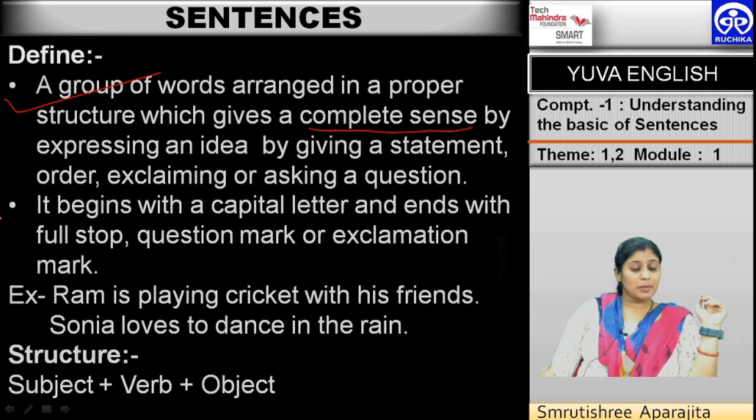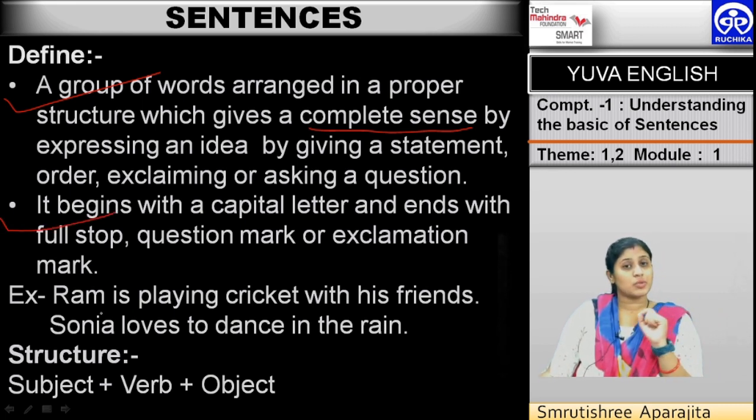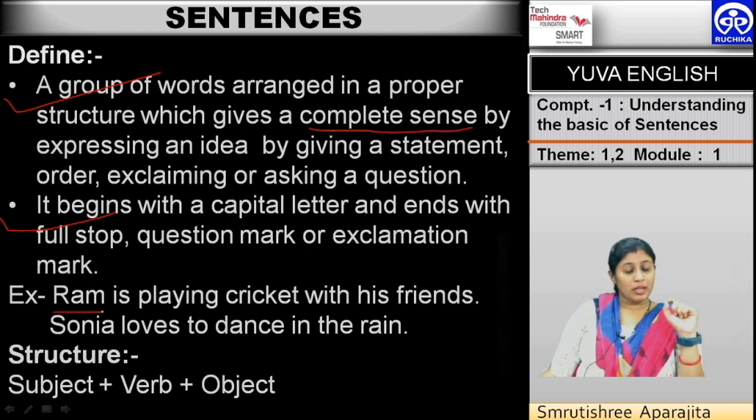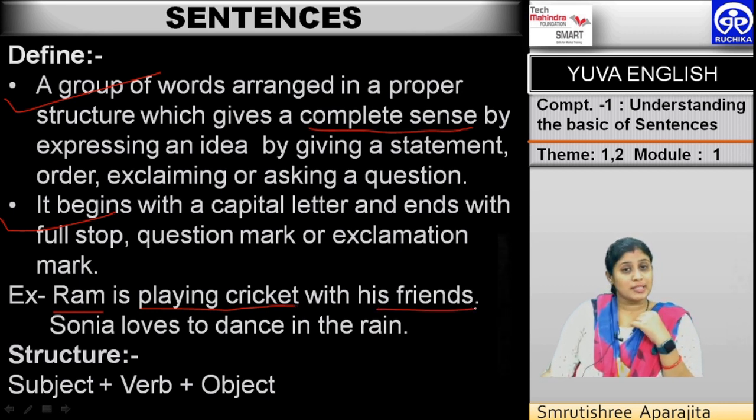So, for example, I have written over here, Ram is playing cricket with his friends. Now, Ram is the name of a boy. He is the subject. Is playing cricket, he is doing some kind of activity in the sentence. And what is that activity? He is playing. With whom? He is playing with his friends.